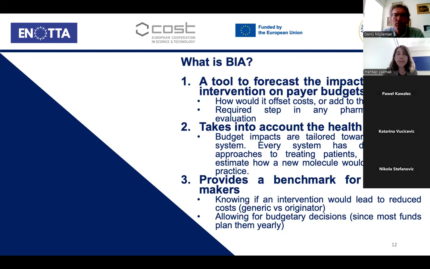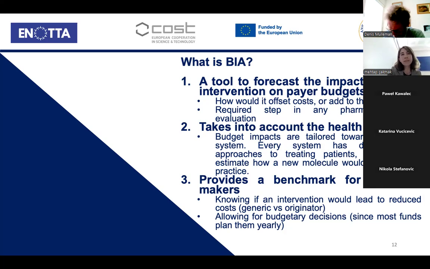And it provides us a benchmark for evidence-based decision making, because if we know it's cost effective and it's affordable, we can conclude to reimburse this new drug. For this reason, reimbursement decisions should rely on these kinds of analysis, especially for new drugs, new medications, and new methods for reimbursement agencies.